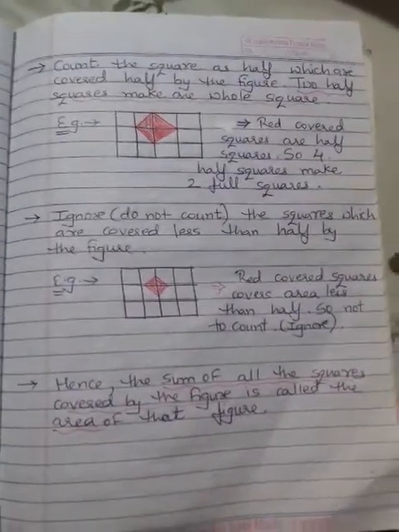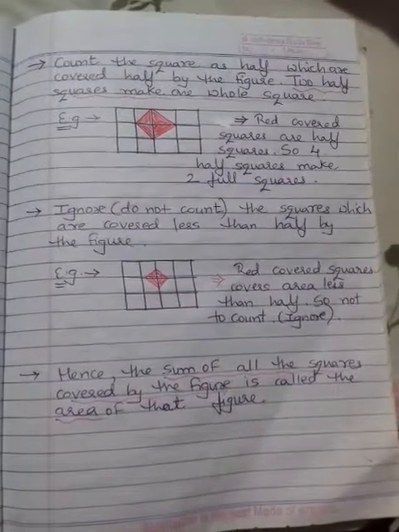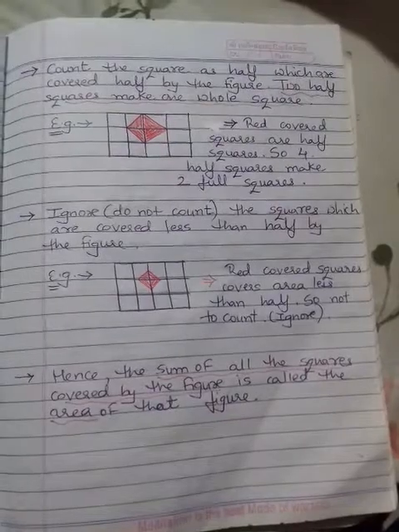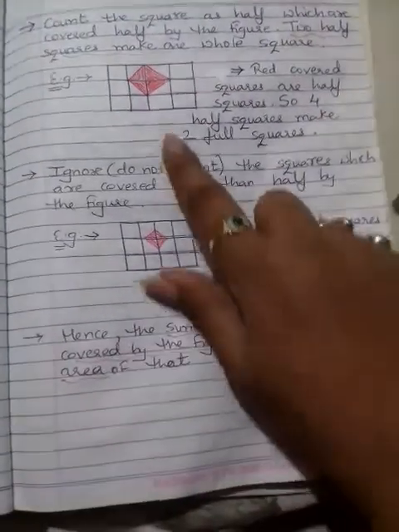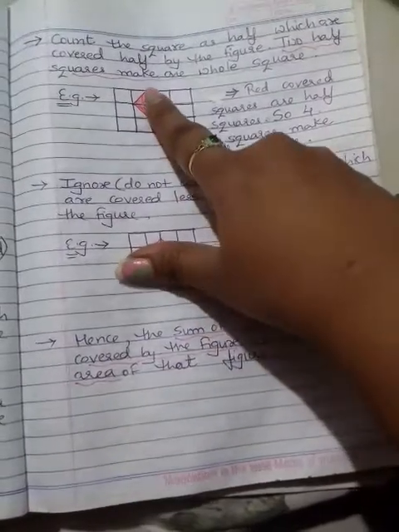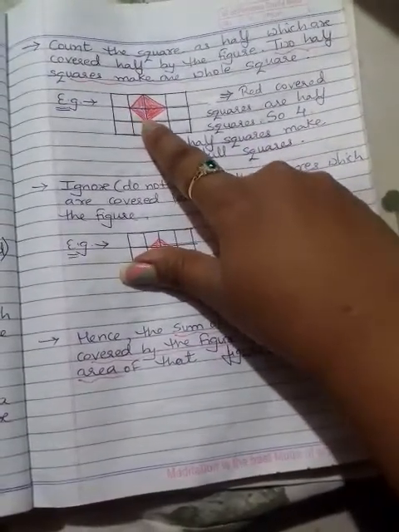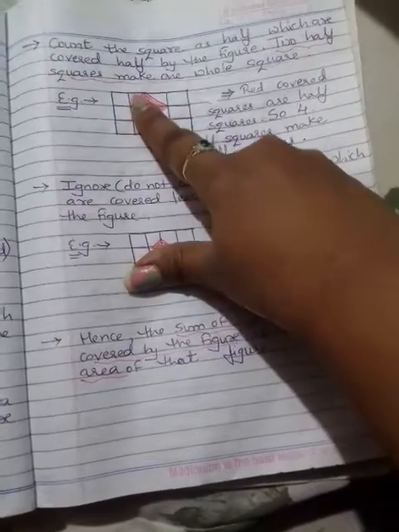Coming on to the third point, count the squares as half which are covered half by the figure. Count 2 half squares as one whole square. Now here you can see a square which is exactly divided into two parts. One part is fully covered with red ink and one is blank.